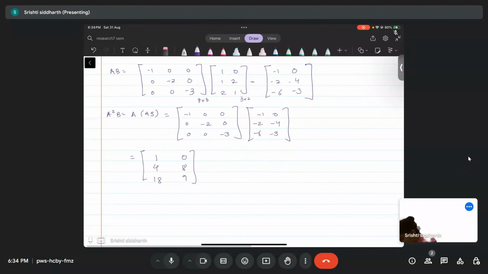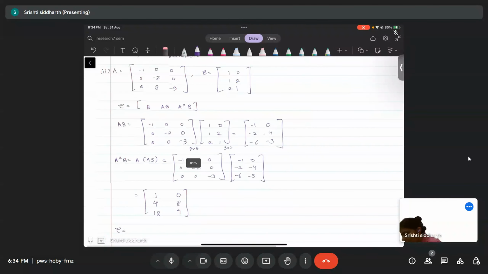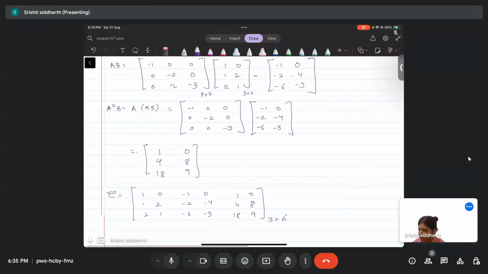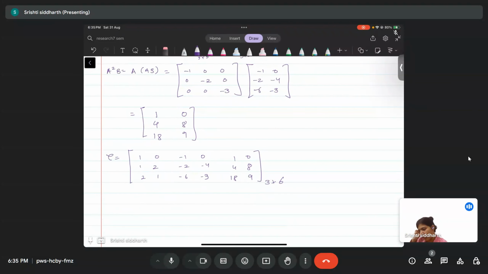Okay, so the controllability matrix is going to be, let's see, first is just B, so 1 0 1 2 2 1, and we have AB, and we have A squared B. So we have 3 rows and 6 columns. Now we have to determine the rank of a matrix which is not a square matrix. So what is the rank of C?